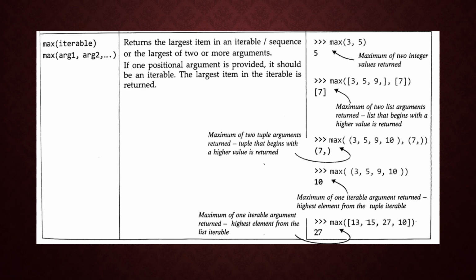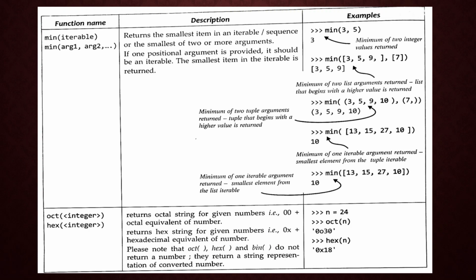And maximum of 3, 5, 9, 10, so now it will take the 10 only because 10 is the largest. Taking another tuple, maximum of 13, 15, 27, 10, here 27 is the largest. Next one, minimum, same thing, so it will display the minimum.